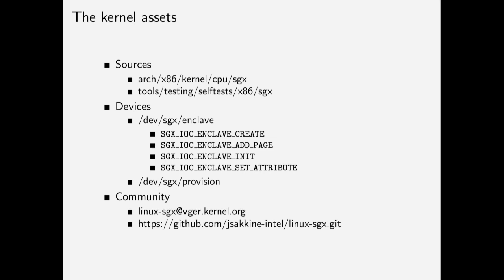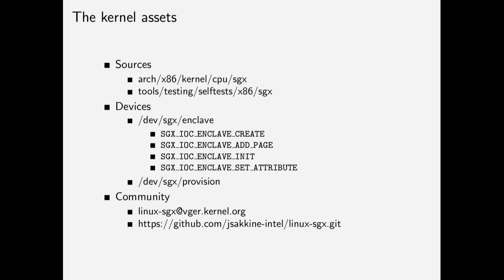And we have two devices for using enclave. One is the enclave device for creating new enclaves, adding pages to them and initializing them. And the provision file is for granting the remote attestation capability.